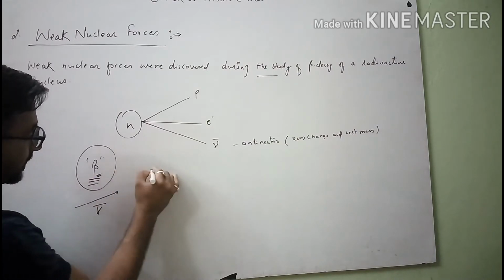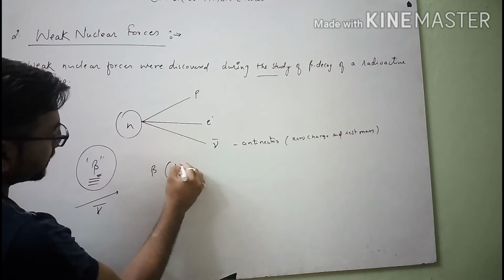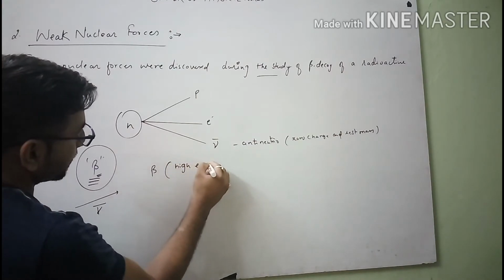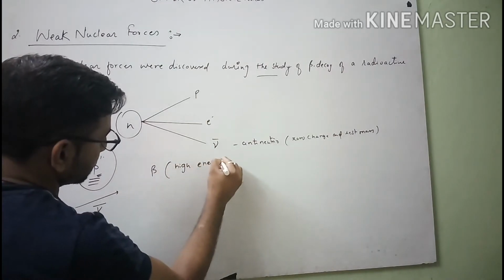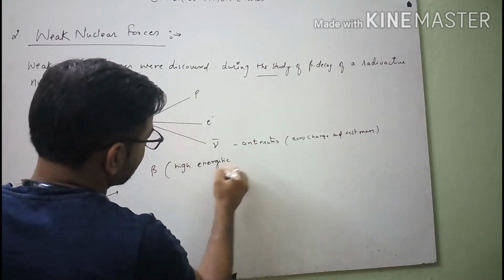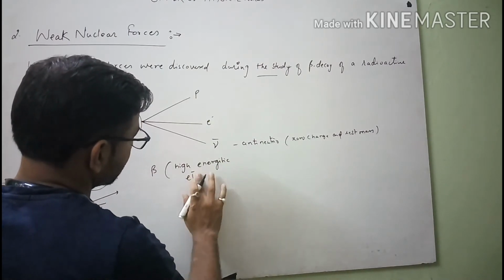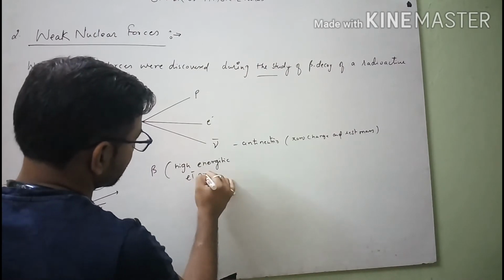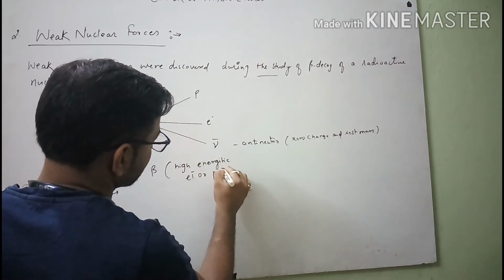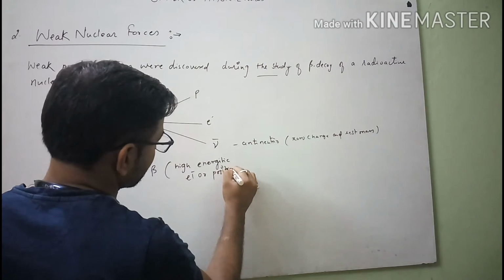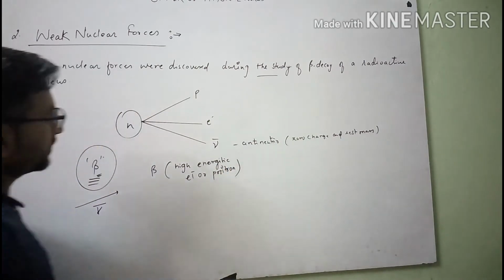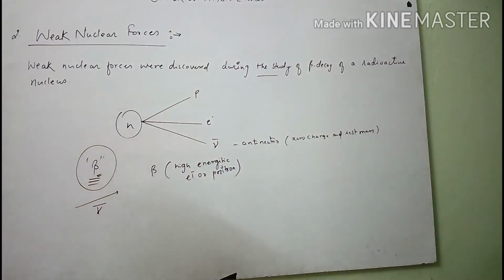And we know that in beta particles, high energetic electrons or positrons are emitted from the nucleus.